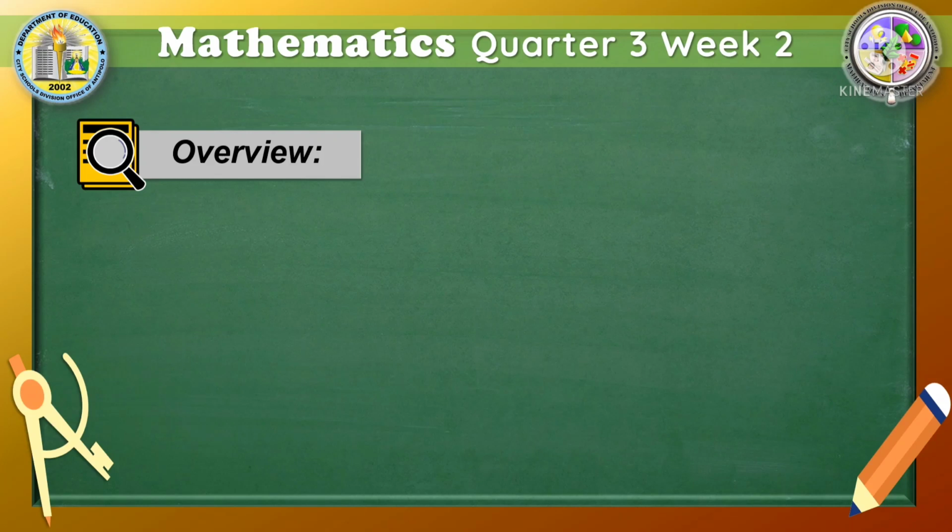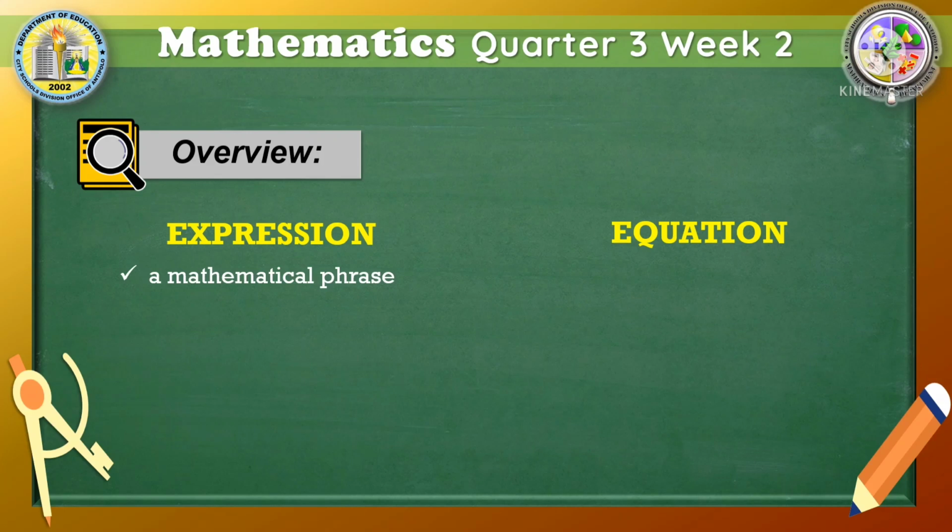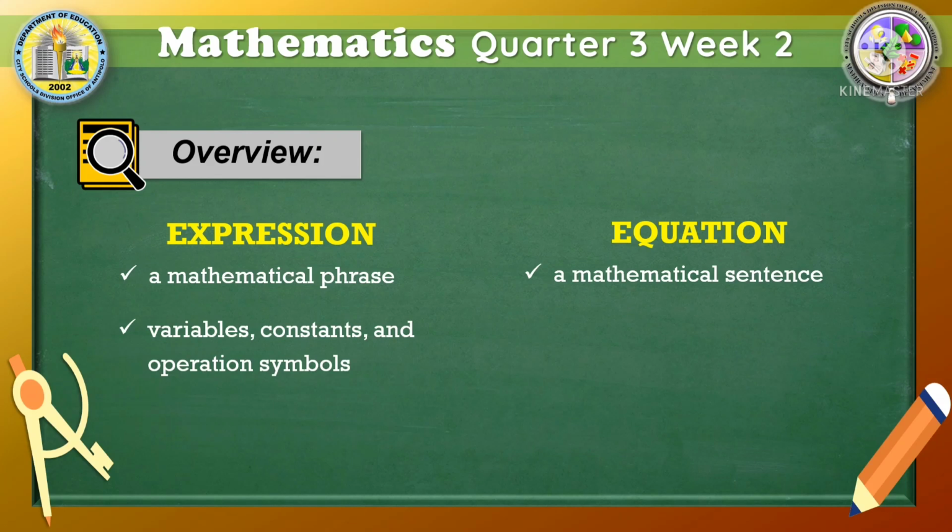To summarize, an expression is different from an equation. Here are some main points that distinguish an expression from an equation. First, an expression is considered a mathematical phrase, while an equation is considered a mathematical sentence. Second, both expression and equation include variables, constants, and operation symbols.